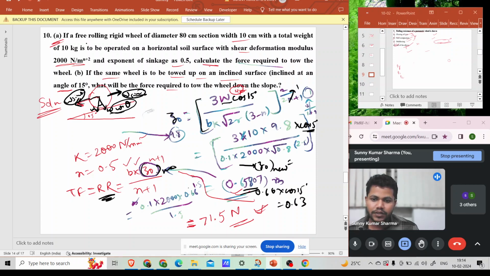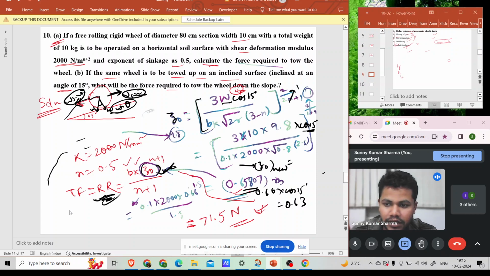You just put this 0.63 here. You get the new total force. If you add, you will get it for moving up. If you subtract, you will get it for moving down. This is just addition. You can do it right now. So, Sivaraman, can we move to the next question?